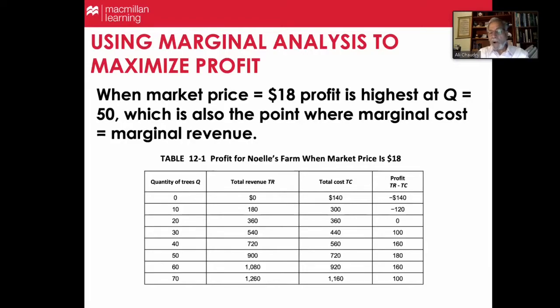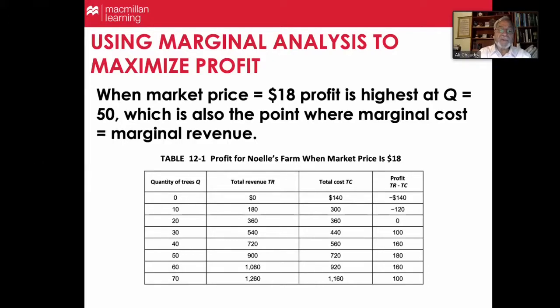Total cost given to us is $140 fixed costs. That is, in order to be in business, you've got to spend at least $140 to have a farm stand where you're going to sell the trees, right? So that's a fixed cost.